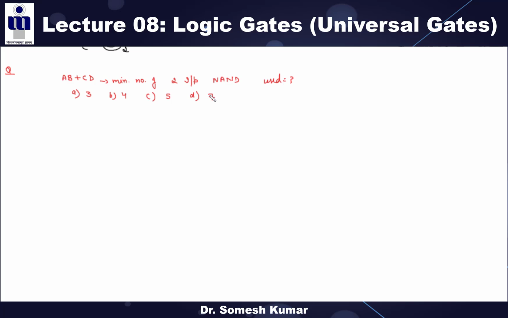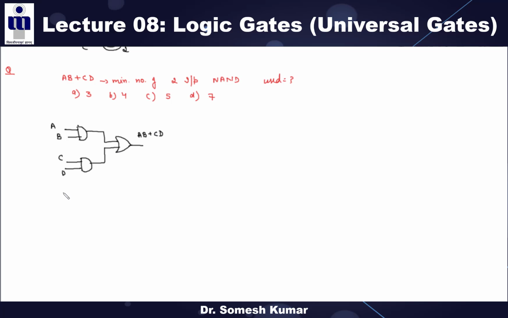So, this is basically AB plus CD, right? This is your two level. This is AB, this is CD, and this is your AB plus CD.